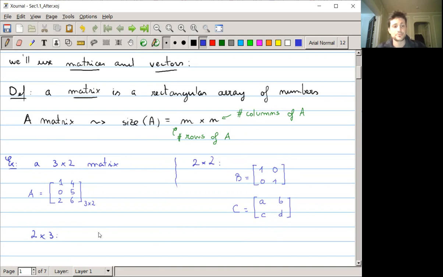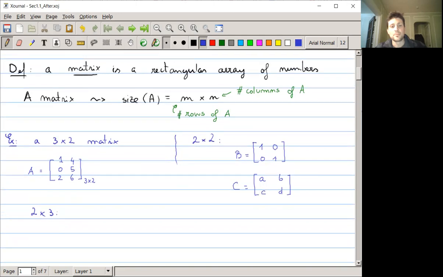Why not? Just one last example. I'll write down one more. Our matrix D. This time it has 2 rows and 3 columns. So it will look something like this. Okay.